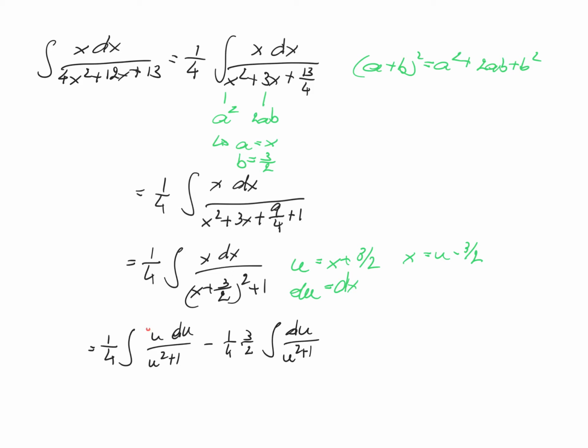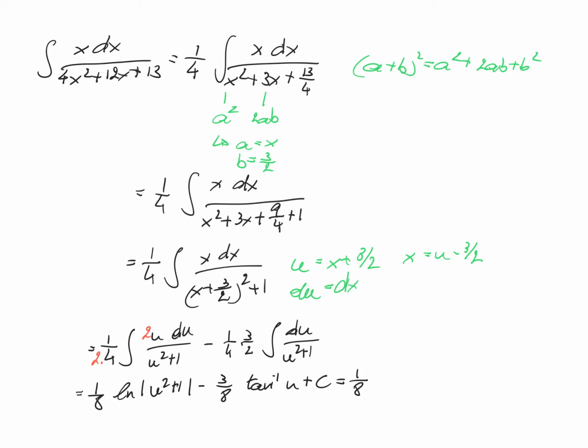So the derivative of u squared plus 1 is 2u, so we would need a 2u here, which also means that we have to divide by 2 to keep everything balanced. This means that my integral here becomes 1 over 8 times the logarithm of u squared plus 1. And then the other one here, this is minus 3 over 8 times the inverse tangent of u plus a constant, and then we replace u again.